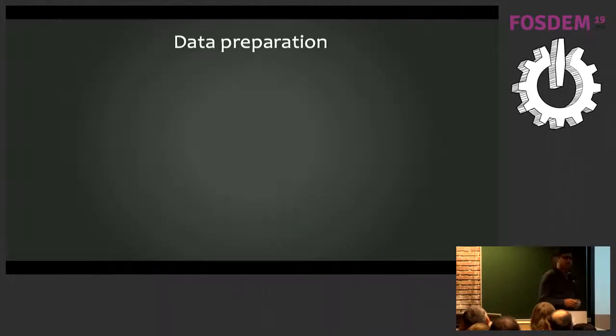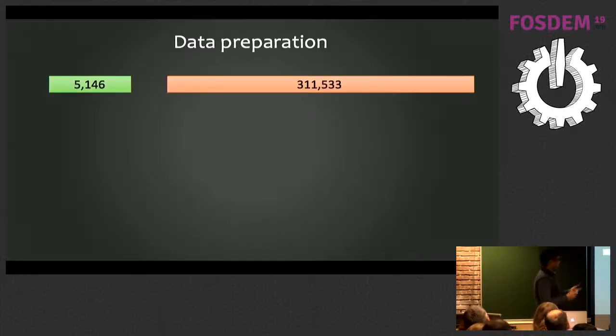And again, it's important to go a little bit in more detail and see how we prepare the data and how we train the model. So that's why I'm showing you a very specific example of a smell. We have approximately 5,000 positive samples for a smell, and more than 311,000 negative samples.